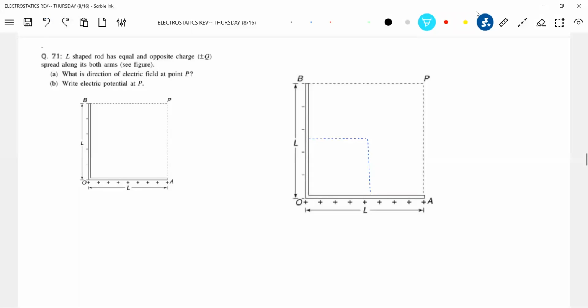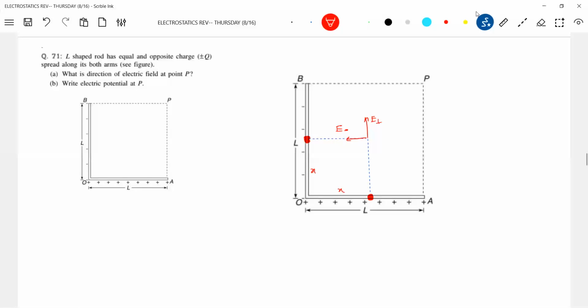So I'm assuming an element here. What is the field due to this element? The field due to this element will be in this direction. E negative, I'll call it. The field due to the other element will be E positive. Since I assumed them at equal distance, definitely the magnitude should be equal.